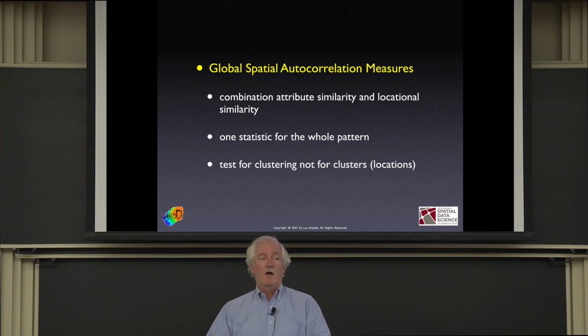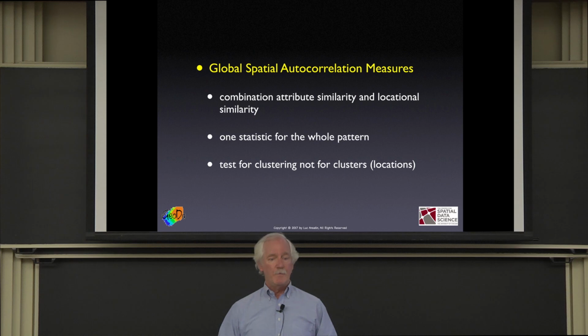As we saw last week, the point of departure, the null hypothesis, is the absence of anything. It's spatial randomness. So we want a statistic that allows us to reject that null hypothesis in favor of either positive spatial autocorrelation or negative spatial autocorrelation.